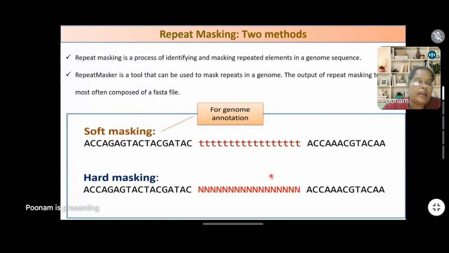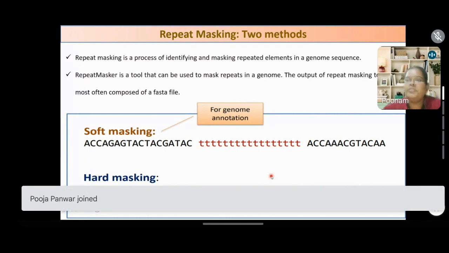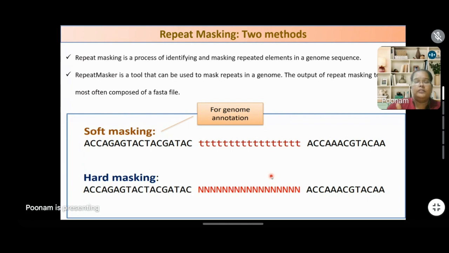Then one can have an idea that these are repetitive sequences, and one can try to make the partition between the exon and those repetitive sequences. That can be an intervening sequence, that can be a repetitive sequence, that can be anything, a transposable element or simple repeats.